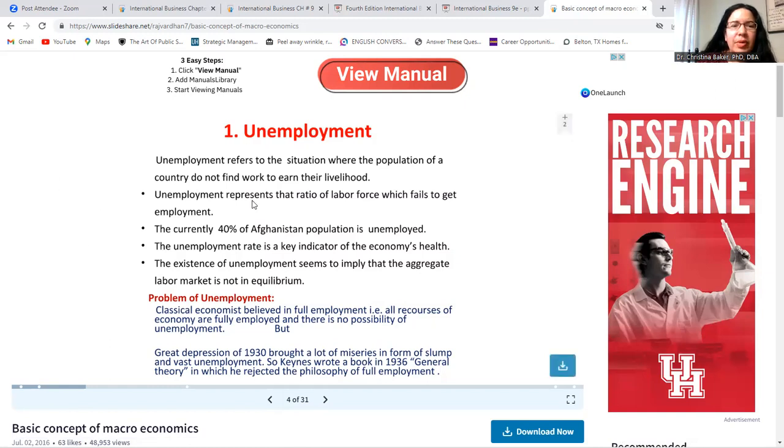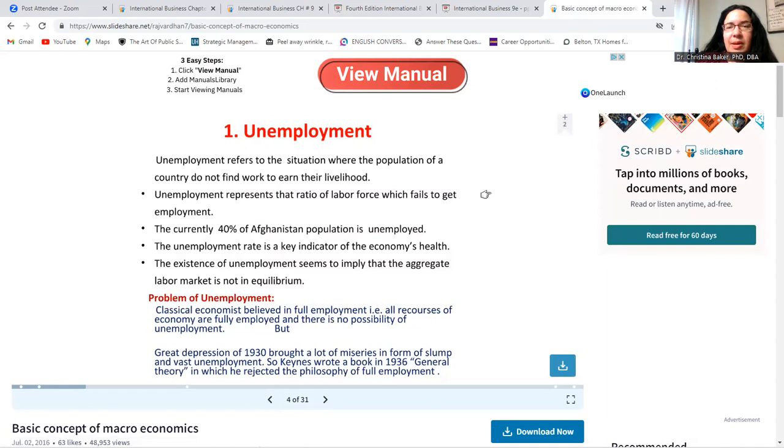Unemployment refers to a situation where people in a country do not work and cannot earn their livelihood. Unemployment represents the ratio of the labor force who fail to get employment. Currently, 40% of Afghanistan's population is unemployed. So we can see that in certain countries, Afghanistan is at 40%. If you go somewhere like Congo, there may be higher levels.